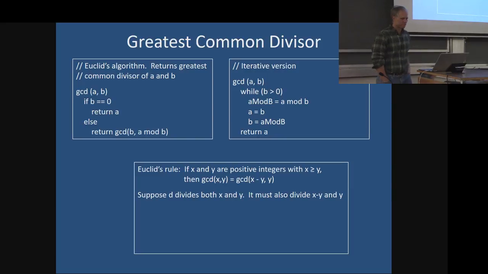So why is that? Because you can turn X and Y into A over D and B over D, and then A minus B over D.